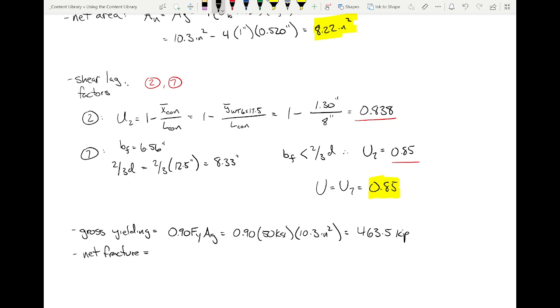See, the thing about LRFD is you're taking those nominal resistances and service loads. You're bumping up the loads and you're lowering the resistances. That's what these 0.9 and 0.75s are doing, and the 1.2 dead and 1.6 live.